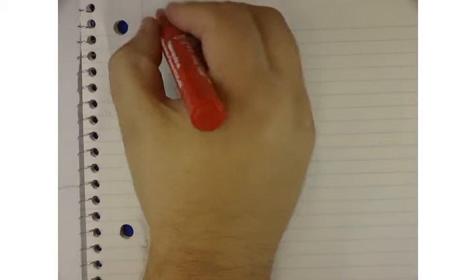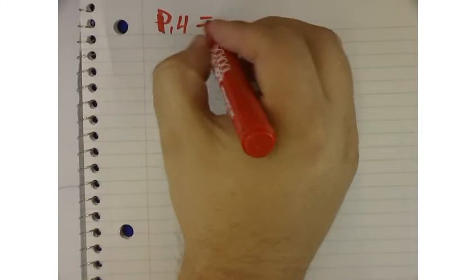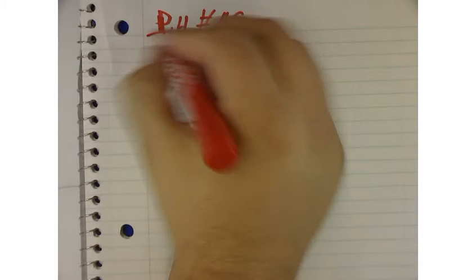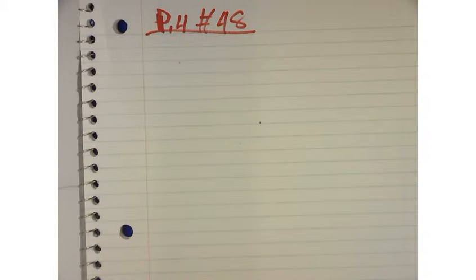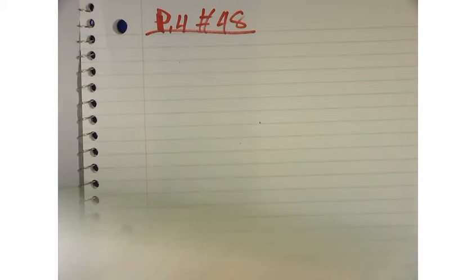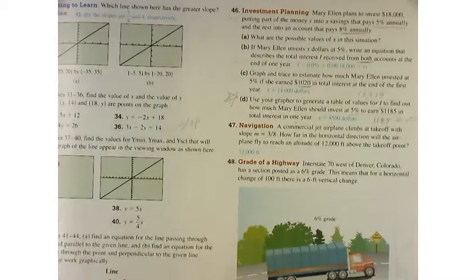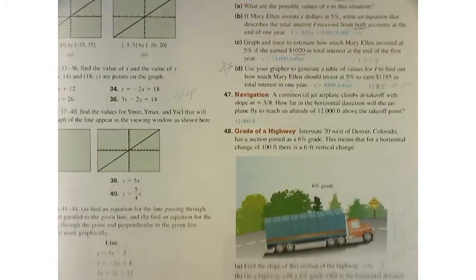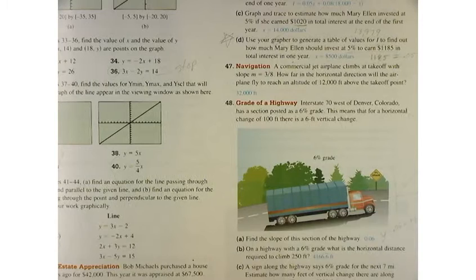So for problem number 48, well, let's read it right out of the textbook, okay? So it says here, oh, and it has a nice little picture. Grade of a highway.